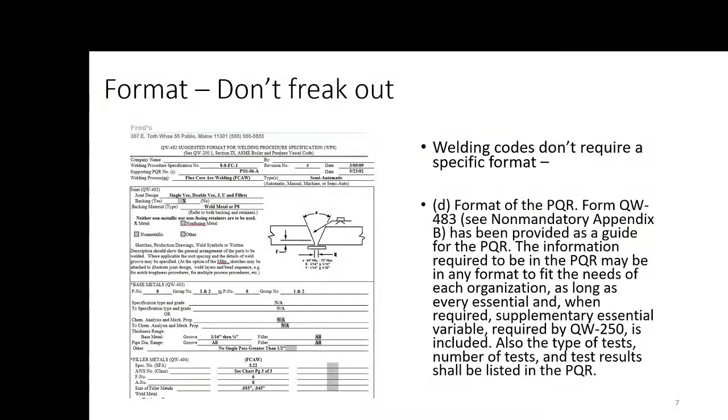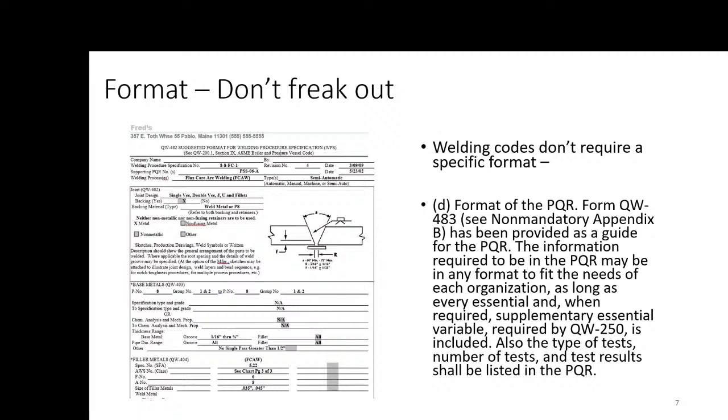So another thing is with format. Don't freak out if it's in a weird format. The code doesn't require a specific format. They give you a recommended format, and that's what I've shown here. This is pulled out of ASME Section IX.